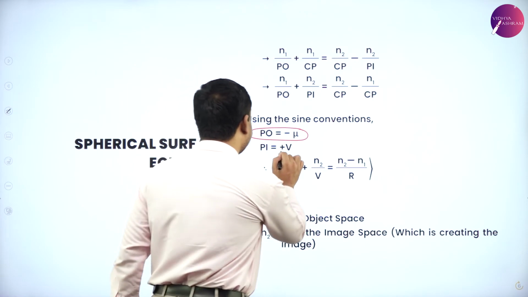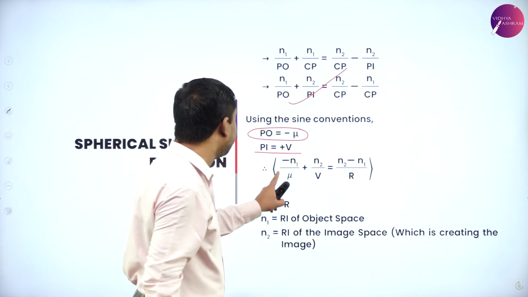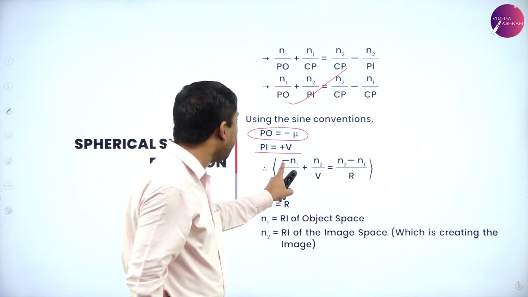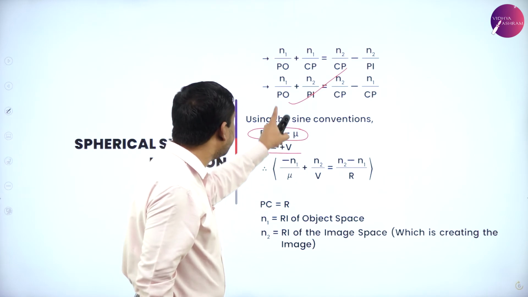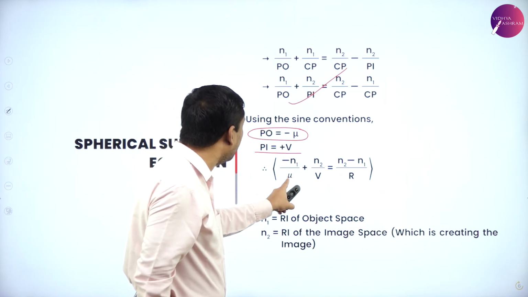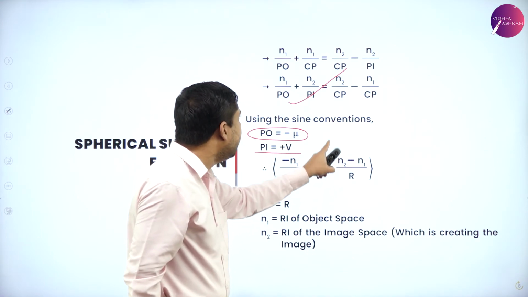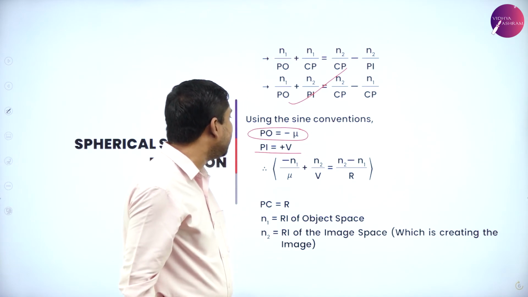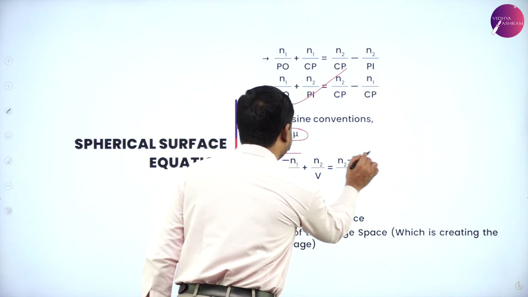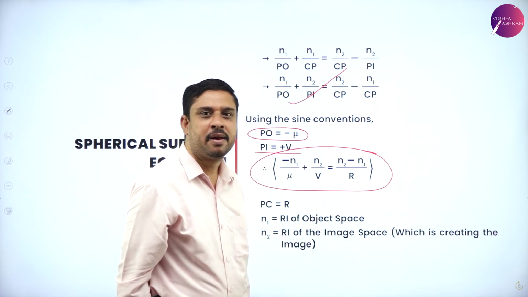But PI is positive. So substituting here, we have minus N1 divided by PO is U, plus N2, PI is V, equals N2 minus N1 divided by CP, where CP is called the radius of curvature.